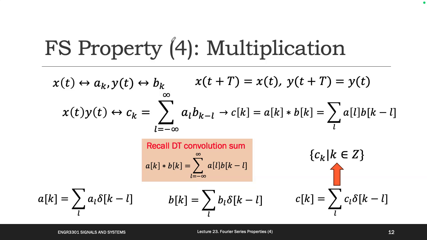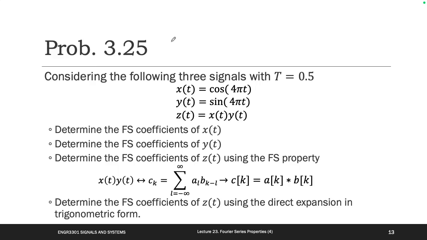Actually, for the Fourier transform, we also have a multiplication property. It's very useful for signals and systems analysis, but we will talk about it later in chapter 4. Let's talk about one example.